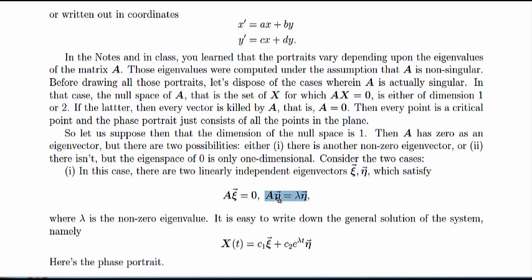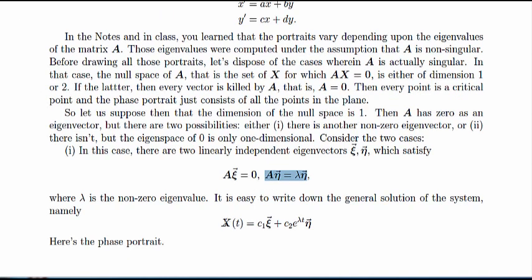So in this case, basically you have the two eigenvalues, 0 and lambda, and it's very easy to write down the general solution. It's given by this expression, a constant times the eigenvector for 0 times e to the 0t, of course e to the 0t is 1, plus another constant times e to the lambda t times the eigenvector eta corresponding to lambda. So these are all the solution curves for that case. And now let's draw the phase portrait.